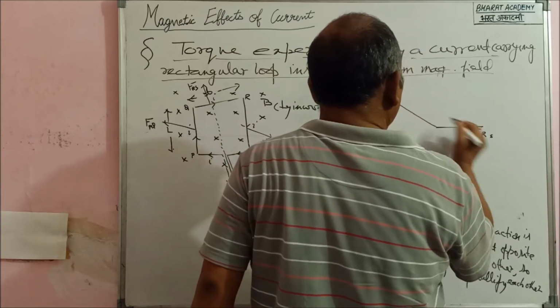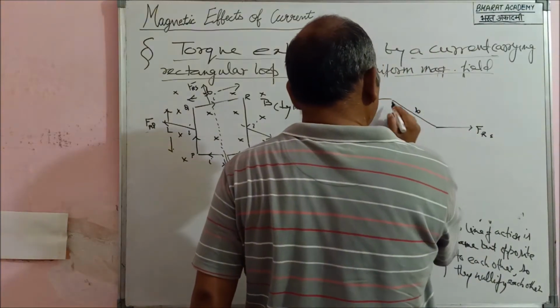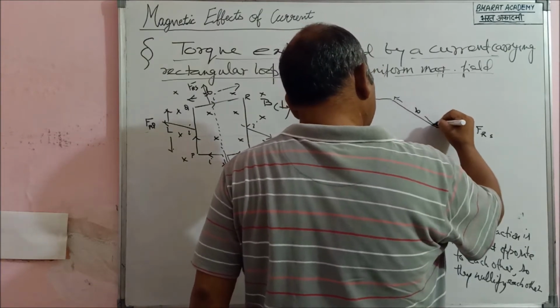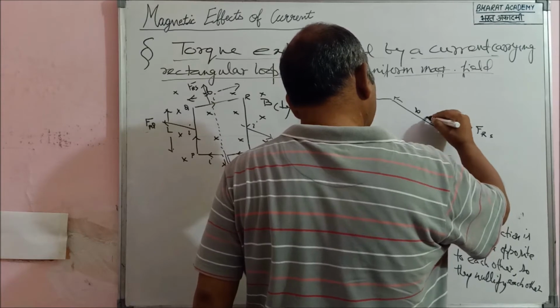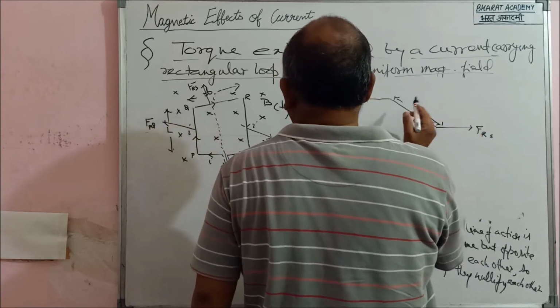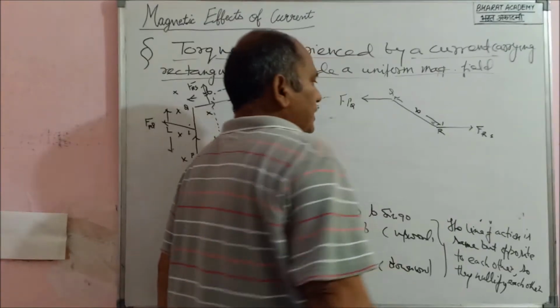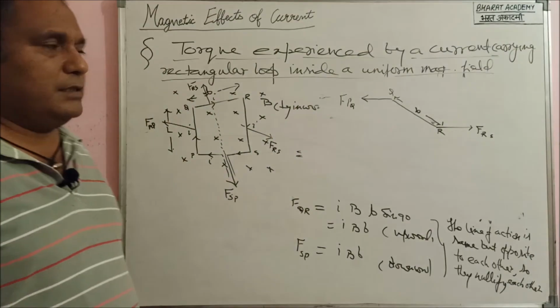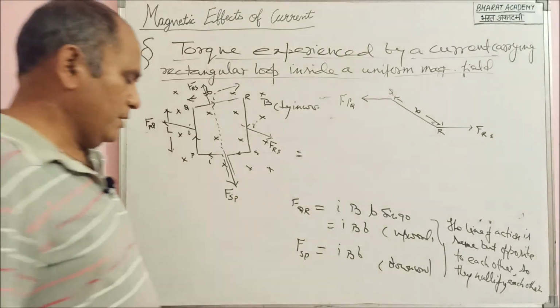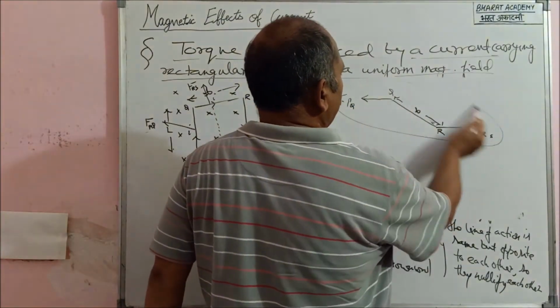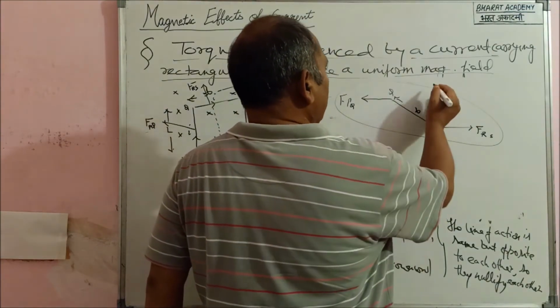Practical situation is like this, and this is the width of it. Name it Q or R, I could say. So this is the practical situation. What we got: two equal, opposite and parallel forces are acting on each other. So they are forming a couple.